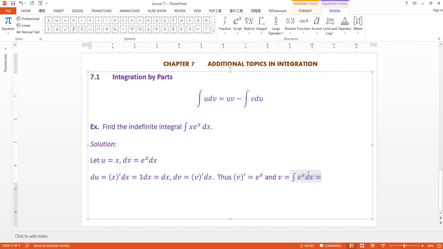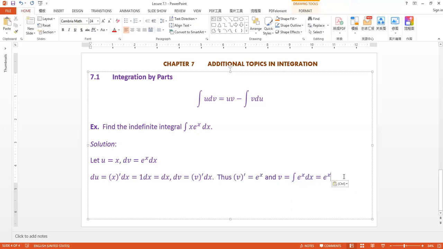That's easy to do, as we know. We're going to get e to the x. We usually add an arbitrary constant c here because it's an indefinite integral, but it turns out that it's not necessary, because at the end, when we do the original problem, we just have one arbitrary constant for the indefinite integral, so we don't have to include it here.